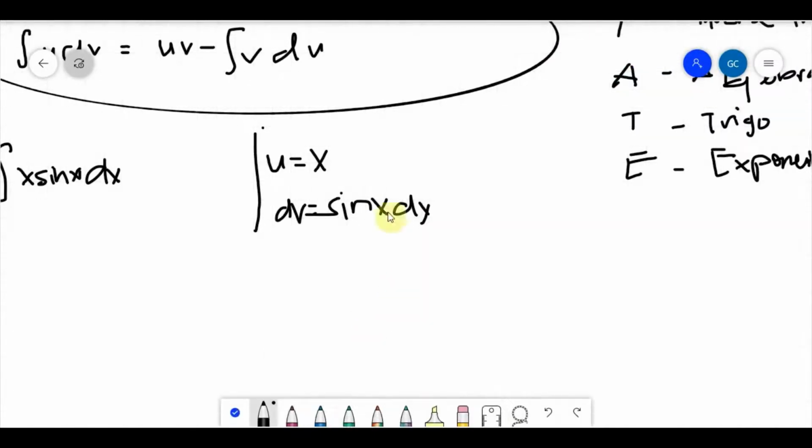Now, the derivative of x is dx, and the integral of sine x would be negative cosine x.